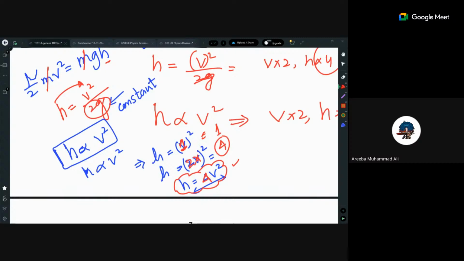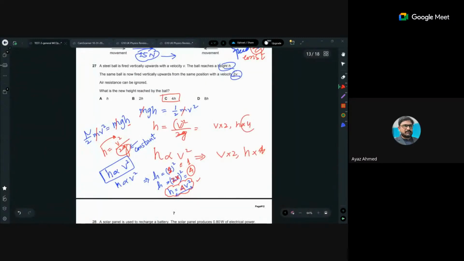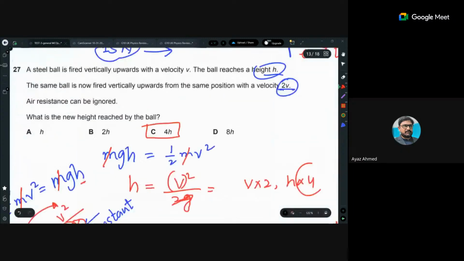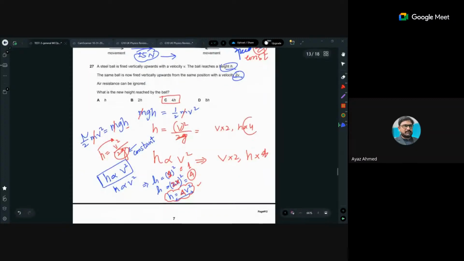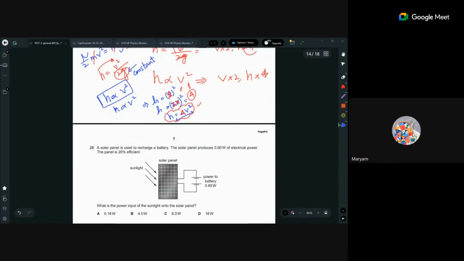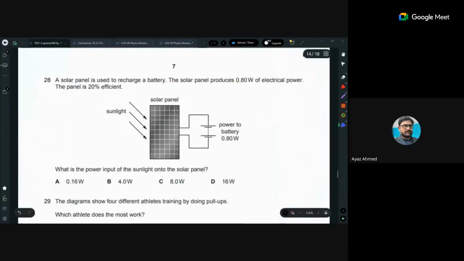Got it? This is the benefit of assuming: initially the height is h, whatever that is, but when you increase the speed by 2, height becomes 4 times, that is, height becomes 4. Clear? Is it clear to everyone? Yes, sir. Okay, good.